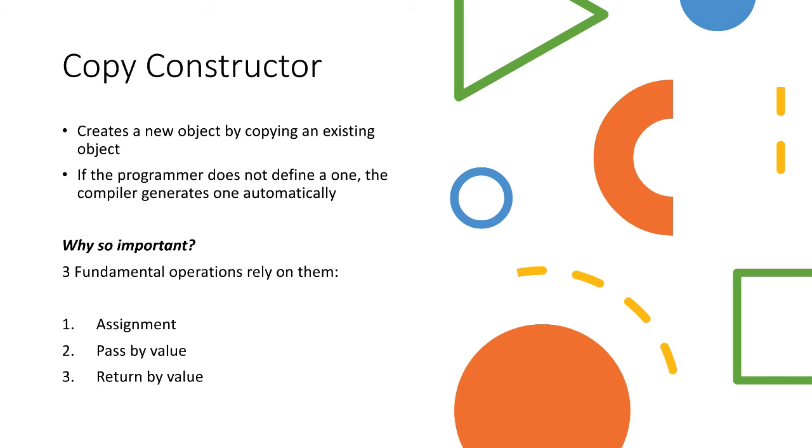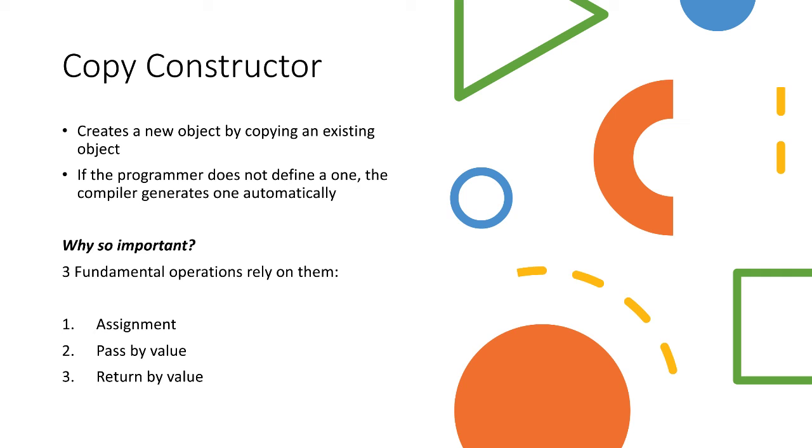Let's talk about the copy constructor. It creates a new object by copying an existing object. If the programmer does not define one, the compiler will generate one also. It does so because of 3 fundamental operations that the compiler relies on. So the assignment operation relies on a copy constructor.